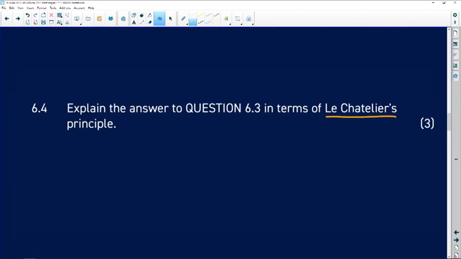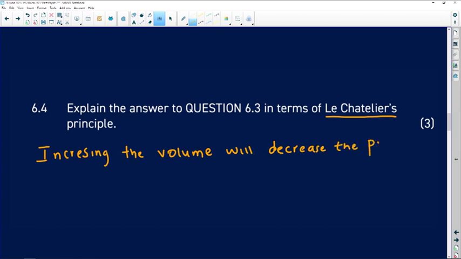Increasing the volume will decrease the pressure. Okay, that will decrease the pressure.